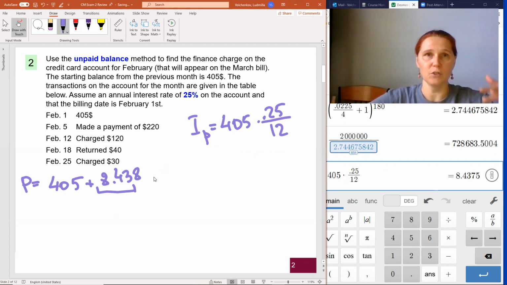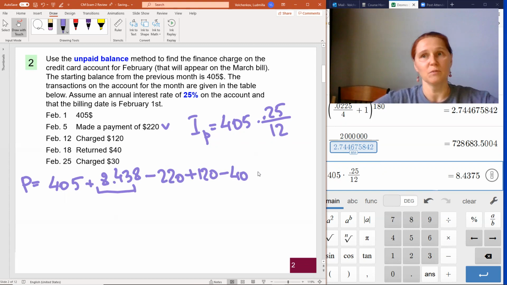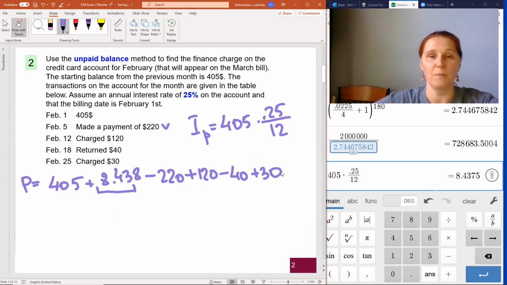It means we reduce our debt to the bank, so we subtract 220. Then charged 120. We increase the balance, we increase our debt to the bank. It must be added, 120. Return something for $40. Subtract 40. The balance is less when we return something, and charge 30, so plus 30.